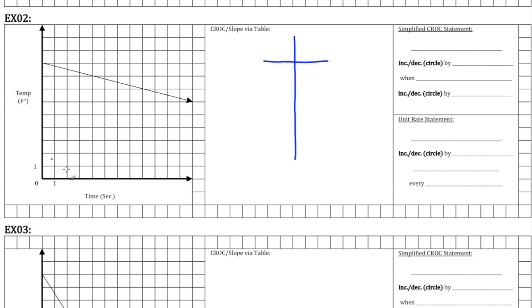Since they're both T's, I'm going to use D for degrees and S for seconds. Okay, so let's find the nice integer value points.